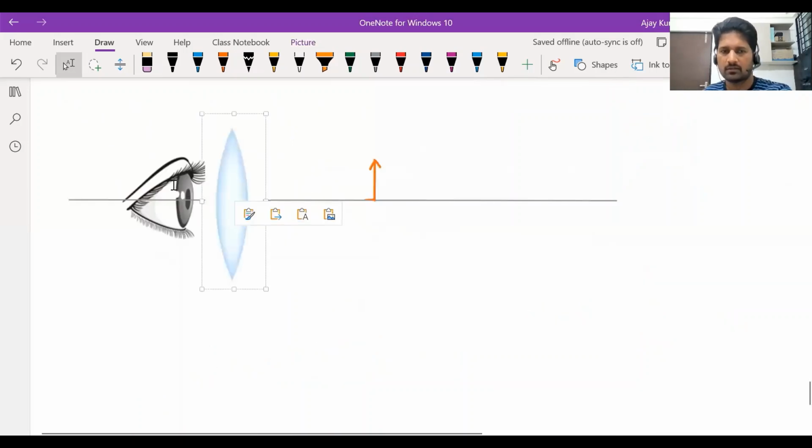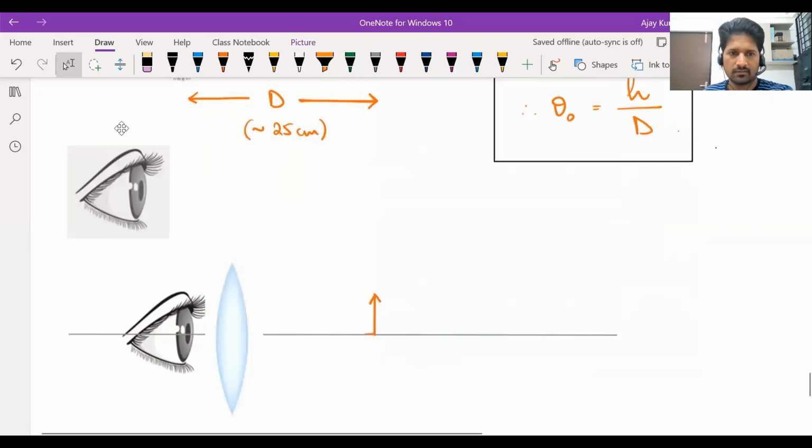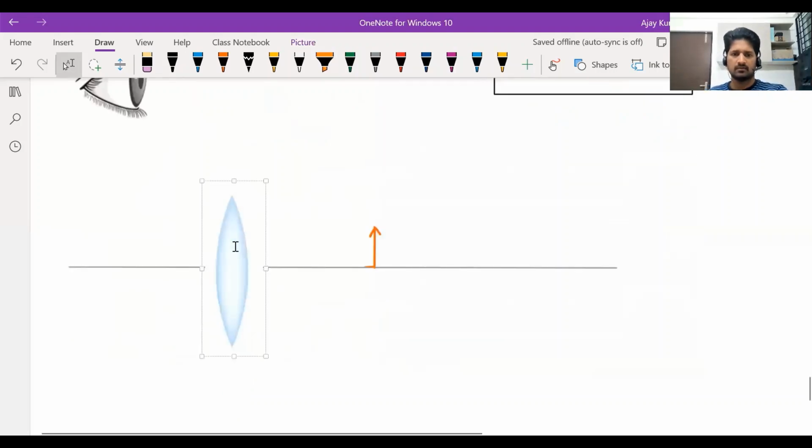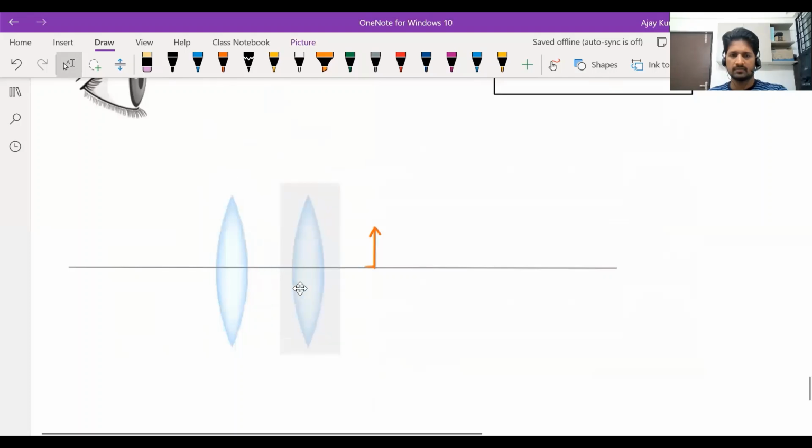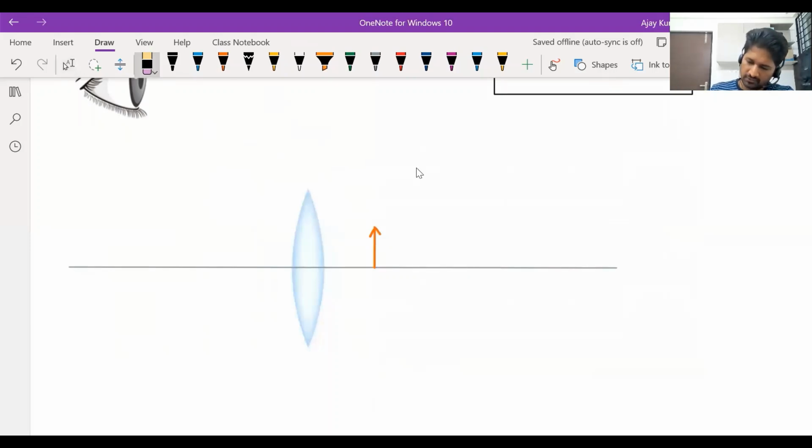We'll do that. Let's say the lens is placed here such that the object is within the focal length of the lens. If the object is within the focal length only, you can expect an enlarged upright image to form. So let this be the focal length. I'll draw the diagram quickly. Again, basic ray tracing.